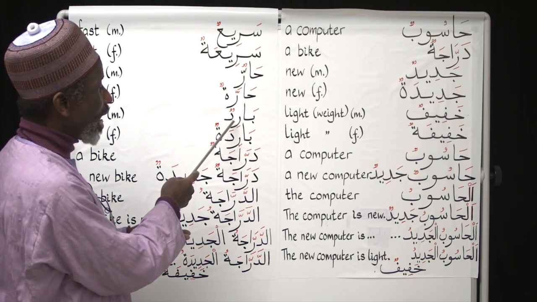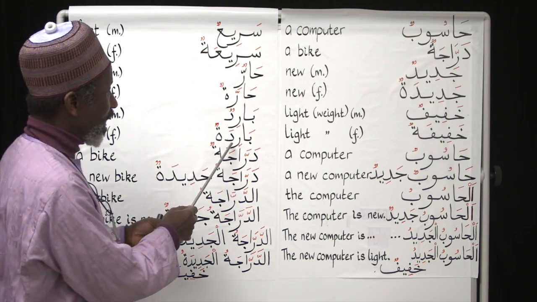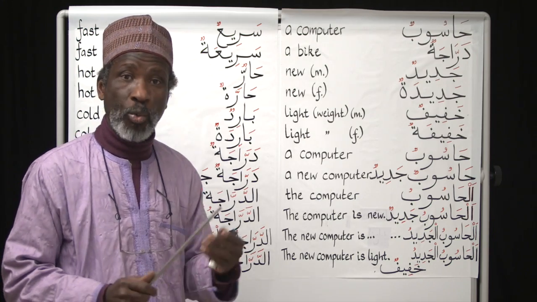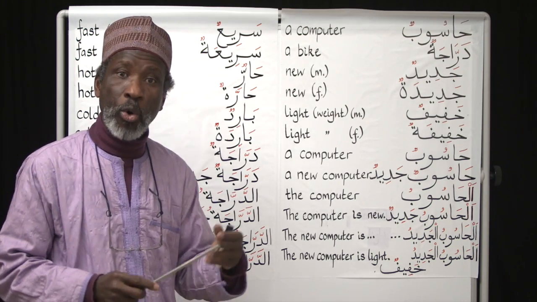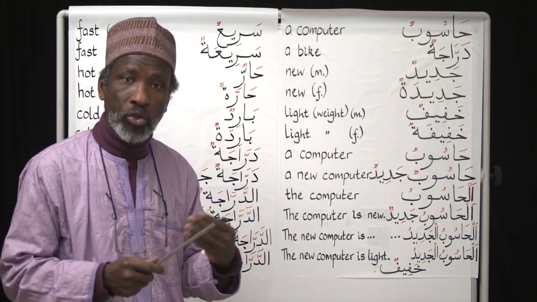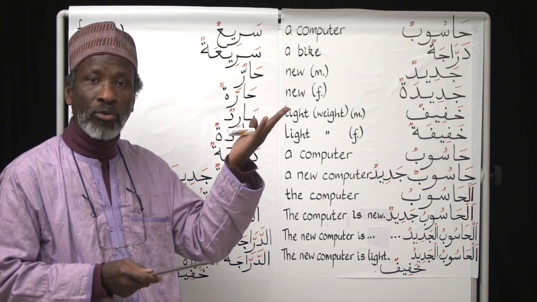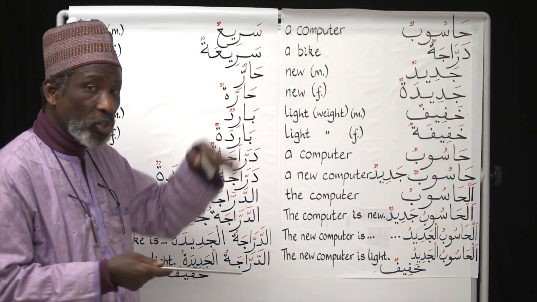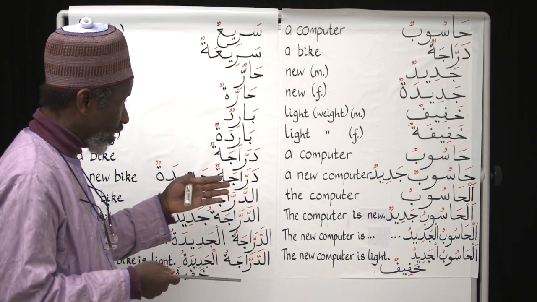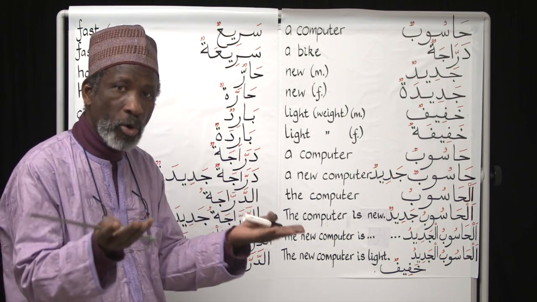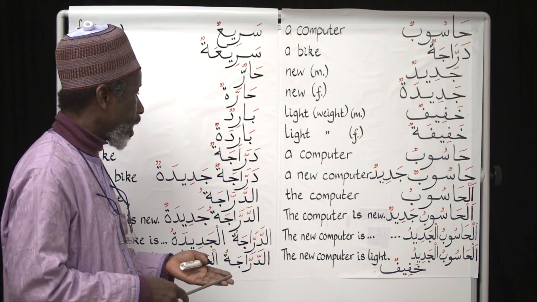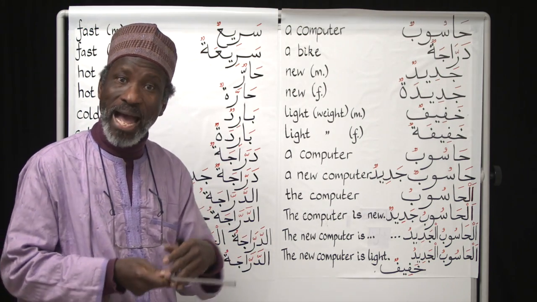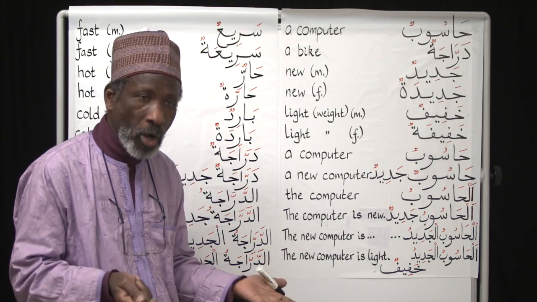So we have baridun, baridatun, that means cold. If you know how to say the weather, you can say al-jawu or at-taqsu baridun, the weather is cold. See how once you understand the structure, you just learn more words. You can say al-ma'u, water, baridun, is cold.